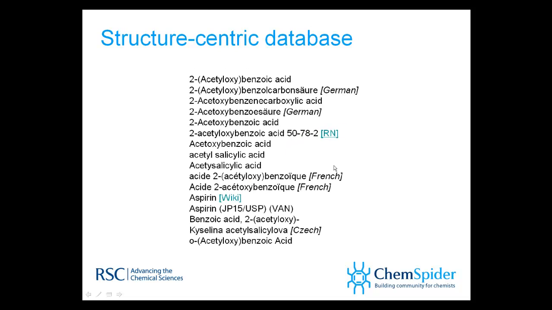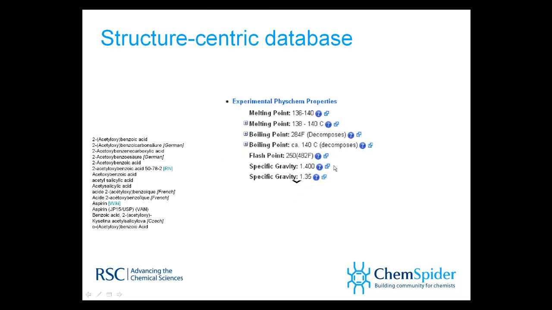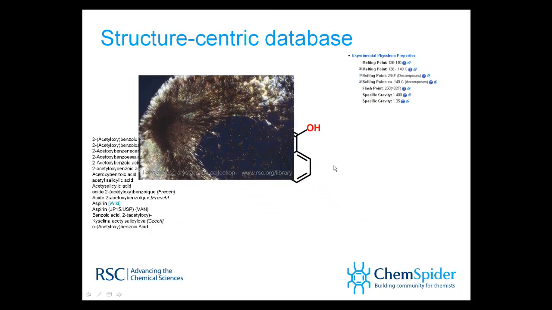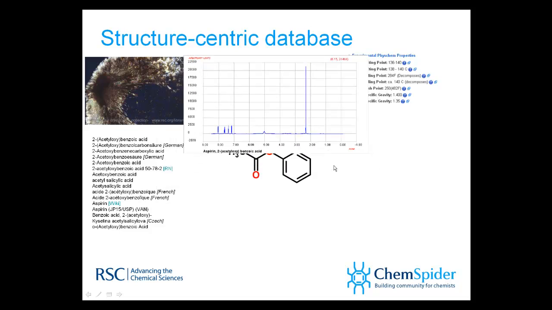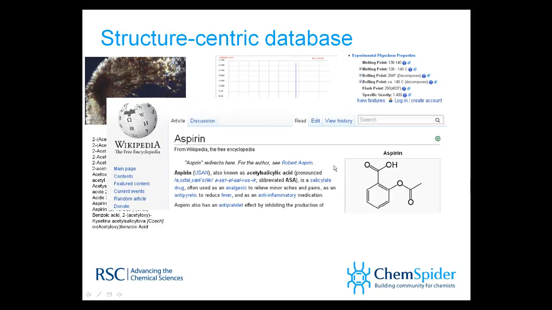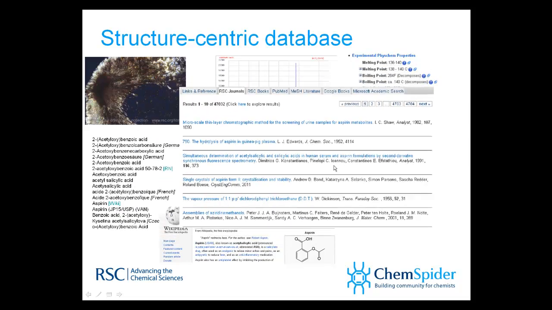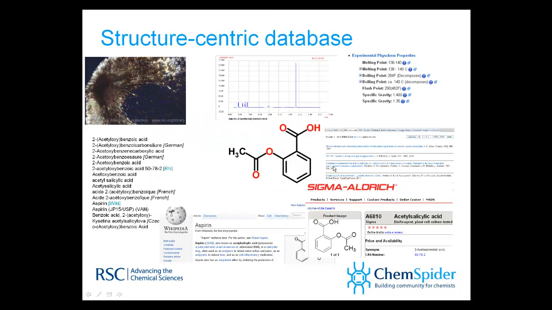So its systematic name, the trivial names, but also safety data, spectral information, literature information, blogs, podcasts, videos. Essentially any data that you've got can be associated with a structure, and this is a really interesting, useful thing to be able to do.